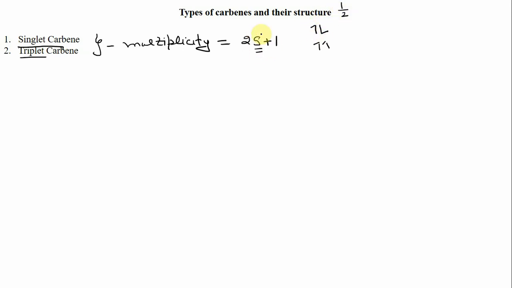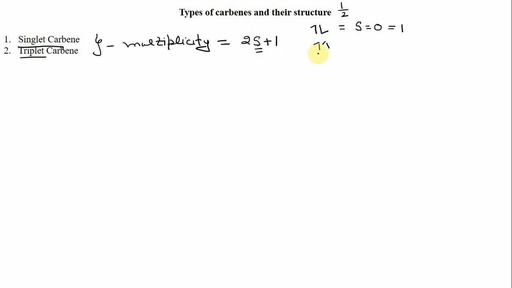If both electrons have anti-parallel spin, they cancel out each other, so the total spin becomes 0. If you put 0 in this formula, the multiplicity becomes 1. So carbenes in which both electrons have opposite spin have multiplicity 1 and are called singlet carbenes.